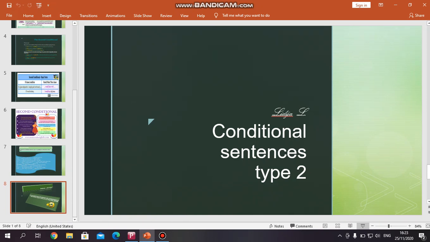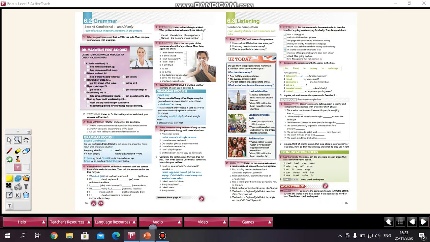So, we got to know some things that are connected to our conditional sentences, let's go back to our book. And in our book, we are going to deal with some exercises combining these two tenses that we have mentioned.